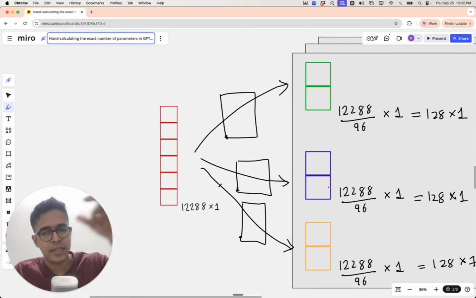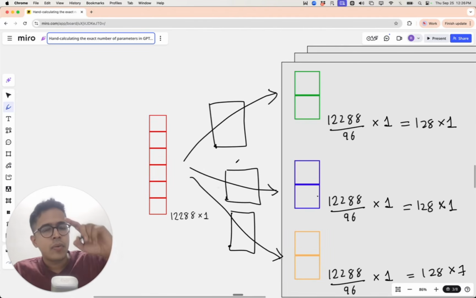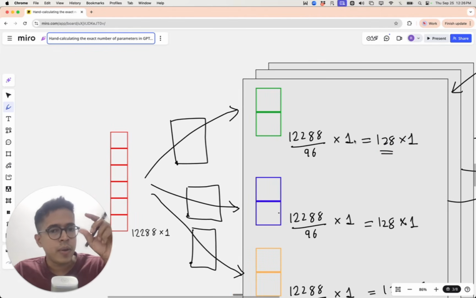This 96 is within an individual transformer layer. What would be the dimension of this token inside those attention heads? It will be 1 by 96th of 12288, which is 128. So the dimensionality of our token inside each individual head of the multi-head attention is 128.